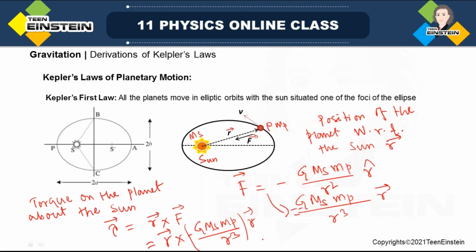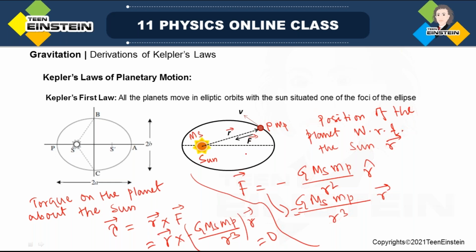So you look, this r vector cross r vector will give rise to zero value. So what is the torque acting on this planet about the sun? Torque on the planet about the sun is zero.